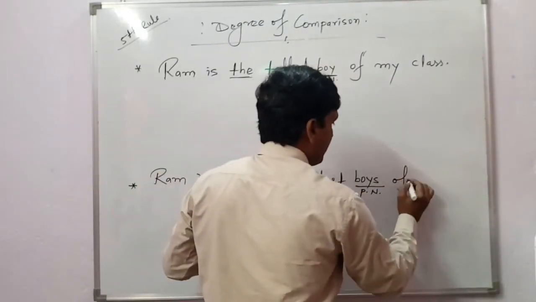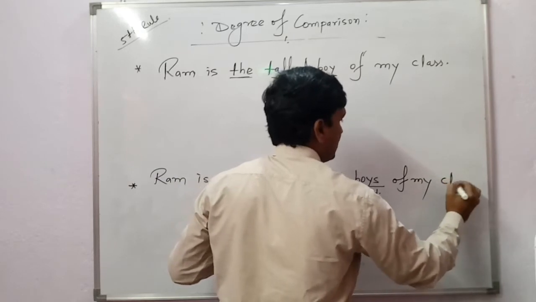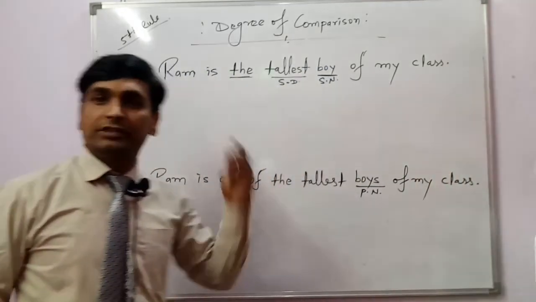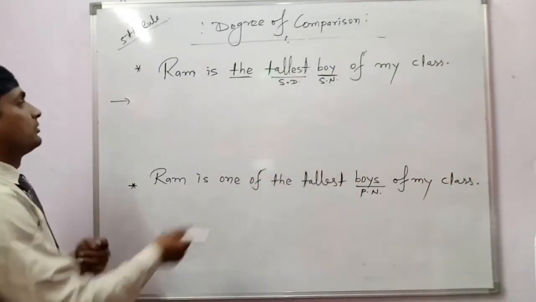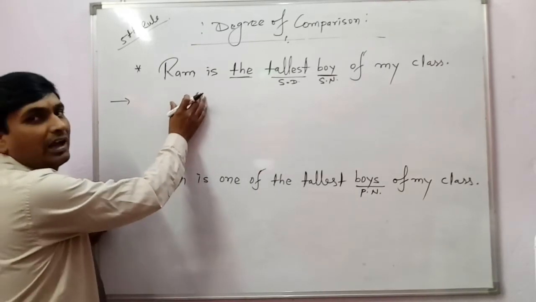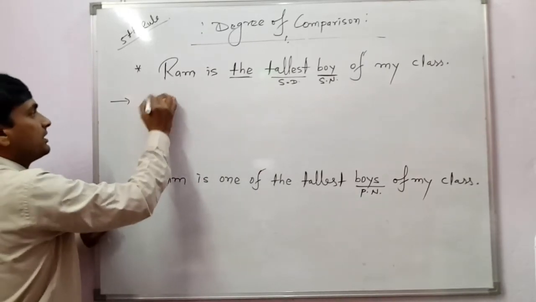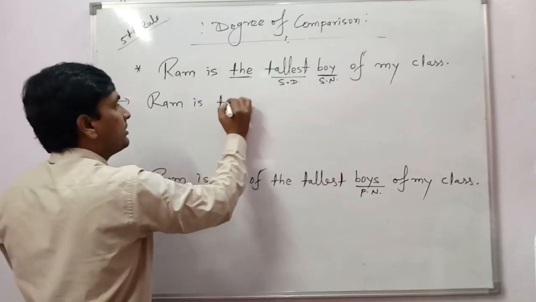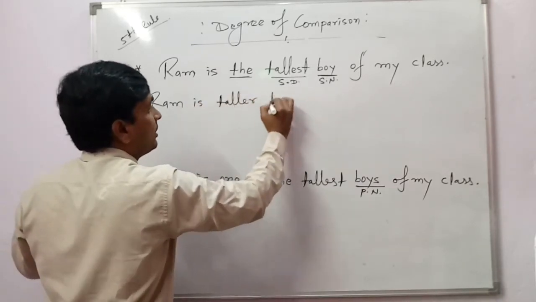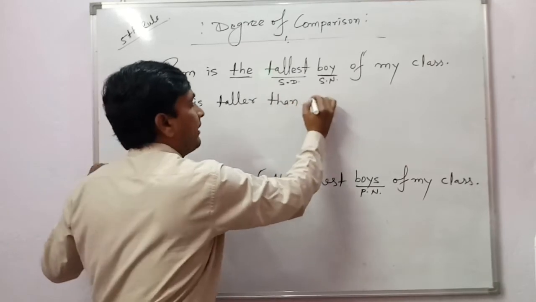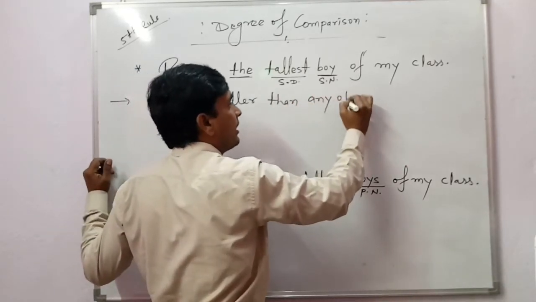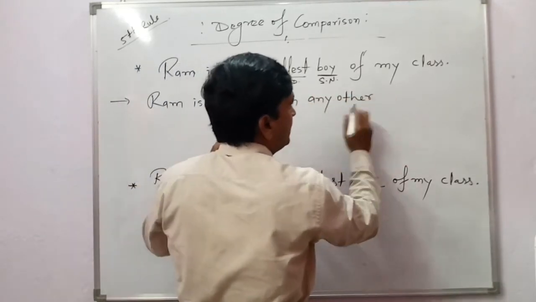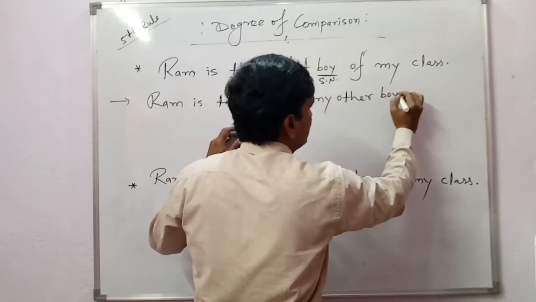So, of my class. Now let's change it, right? Yeah, so simple superlative, how do you have to change? Let's see. Ram is, tall will become taller than, and then what? Any other, right? And then boy.